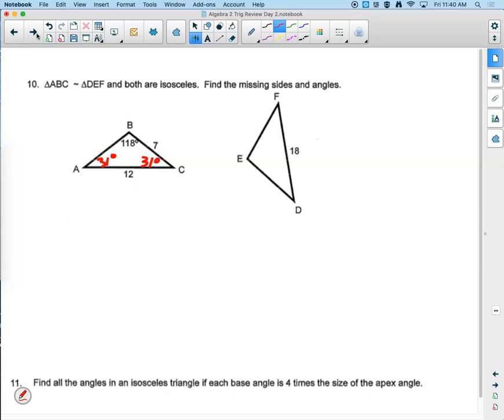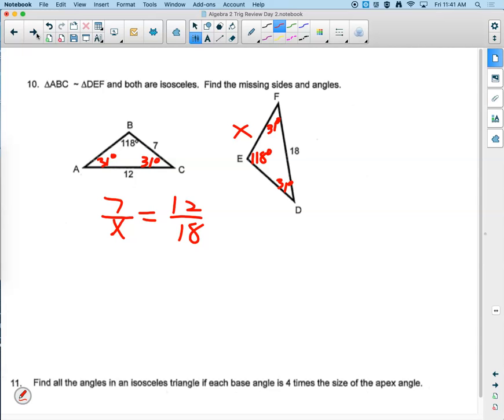So they're similar, which means the exact same angles are in the other triangle. But here's the difference. Their size is different. So what we do is we set it up either small to big, or big to small. 7 matches up with, I don't know, and 12 matches up with 18. Small to big, small to big. How do we solve something that looks like that?